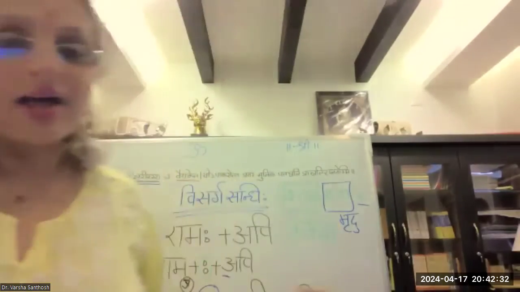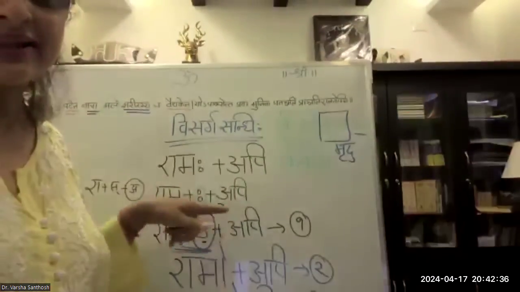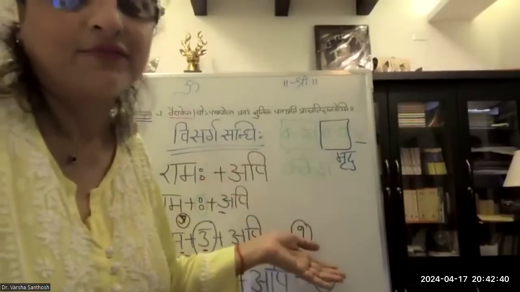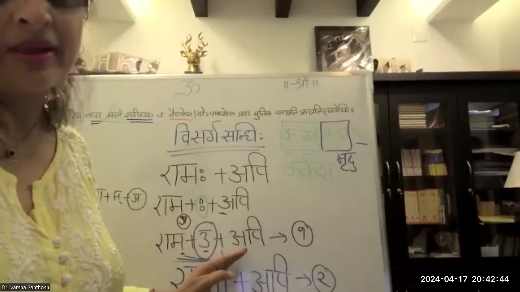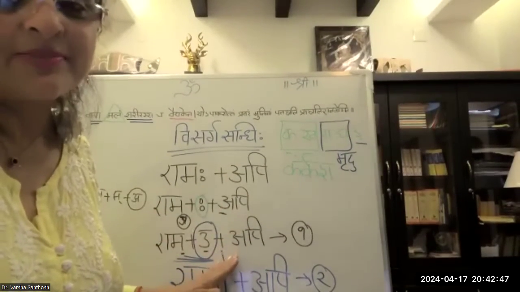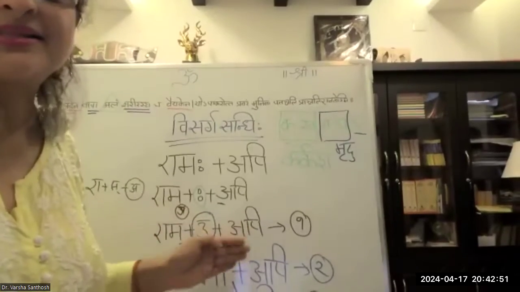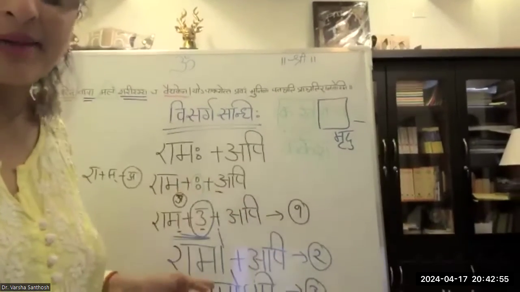Okay. So in that situation, it is fulfilling both criteria, what it is preceded by and what it is followed by, so the Visarga became U. The moment Visarga becomes U, we land in Guna Sandhi's atmosphere. So over there, the Guna happened.